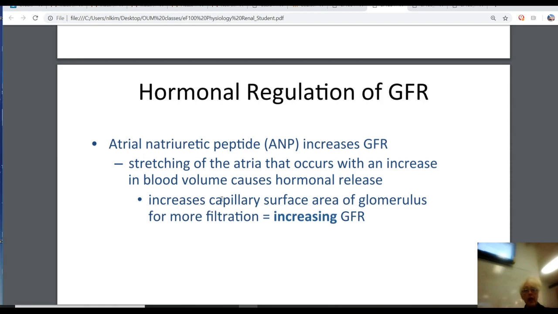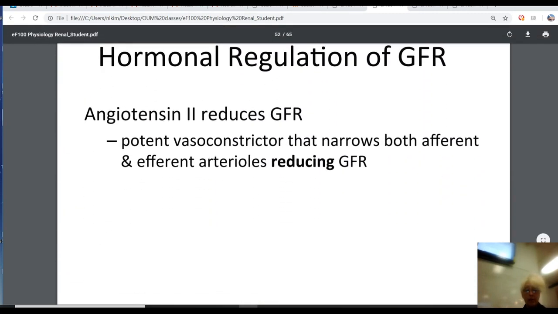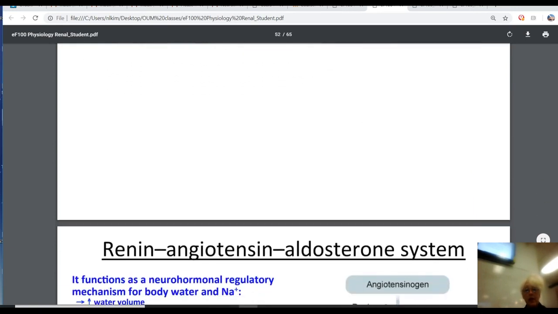Your ANP, atrial natriuretic peptide, increases your GFR, stretching the atria, causing an increase in blood volume, increasing the capillary surface for more filtration, thus increasing the GFR.